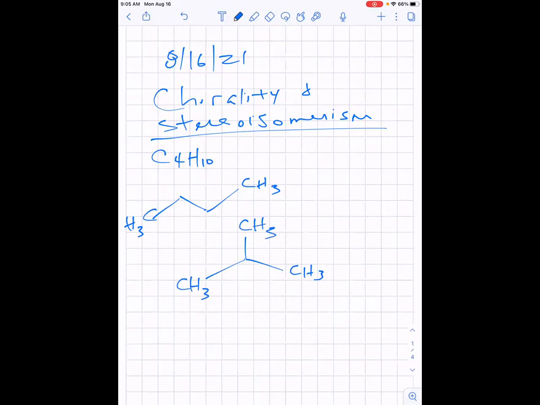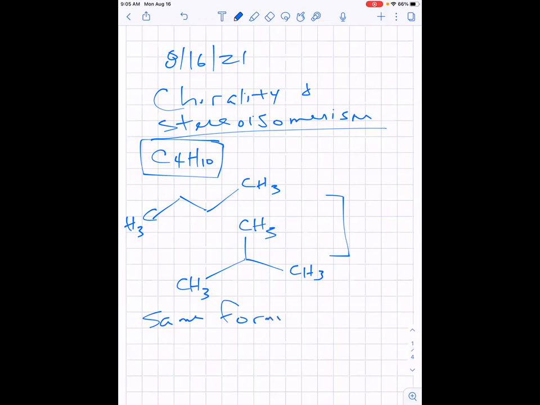What is the relationship between these two? Like, what type of isomers are they? Anybody? They have the same molecular formula, but they have a different structure. Are they constitutional isomers? They are. Good, very good, constitutional isomers.